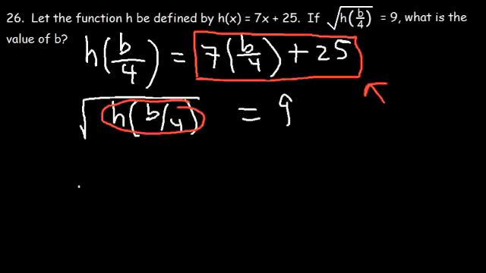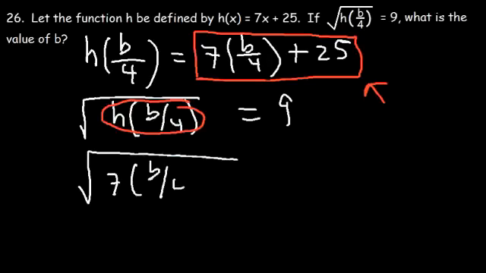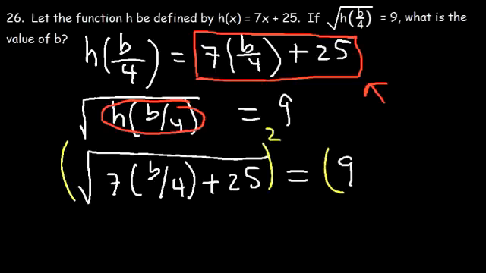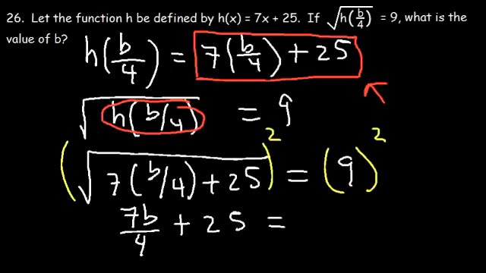So what we now have is the square root of 7 times b over 4 plus 25 is equal to 9. To get rid of the square root symbol, we need to square both sides. So now 7b over 4 plus 25 is equal to 9 squared. And 9 times 9 is 81.